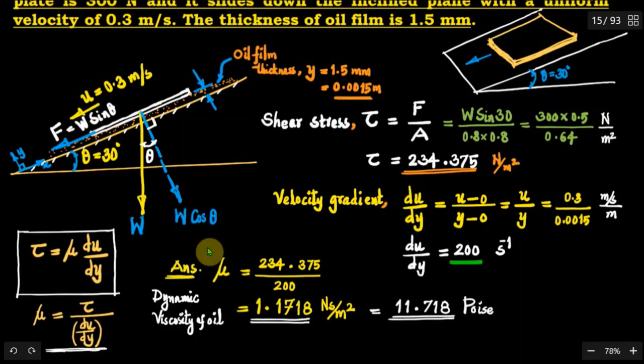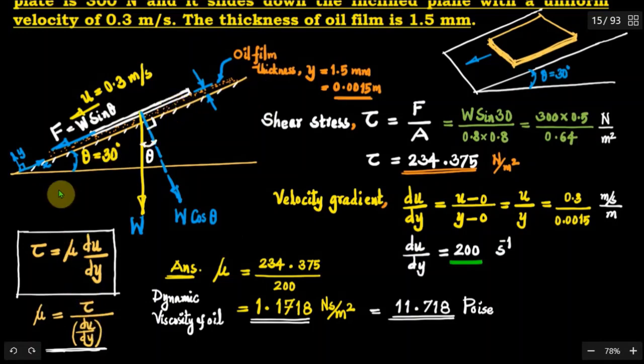W cos theta is the component normal to the inclined plane, whereas the component of the weight of the square plate along the inclined plane is W sin theta. In fact, W sin theta is responsible for the motion of the square plate down the plane.